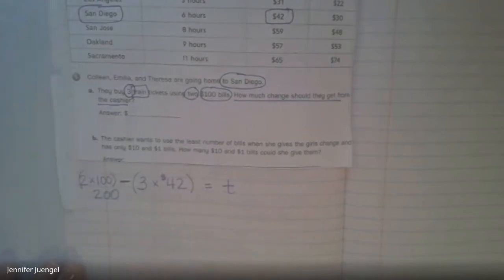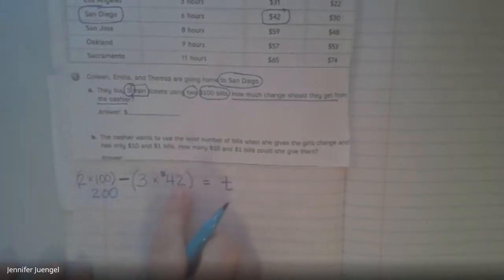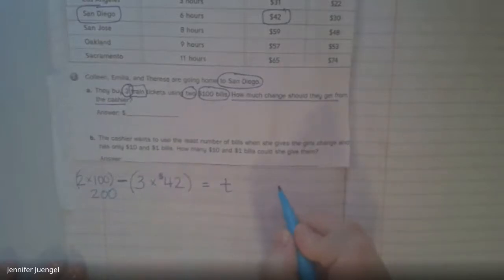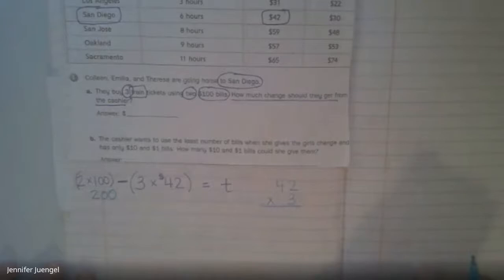Now let's use what we know about partial product or partitioning rectangles to solve 3 times 42. I'm going to try partial product because it's a little bit more advanced.